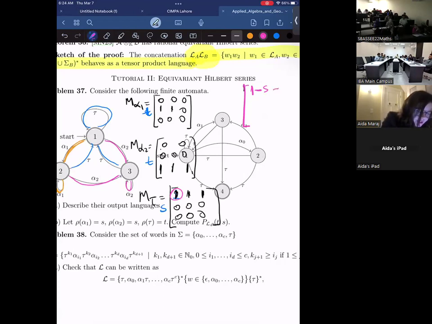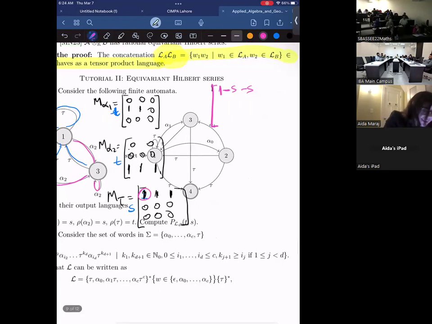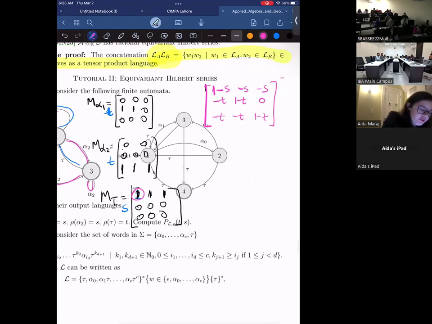Oh, yes, minus S. Thank you. Next one. Minus S, minus S, and 1 minus S. And then minus T, 0, 1 minus T here. Oh, sorry. And then minus T and 1 minus T. And then you take the inverse of this matrix.